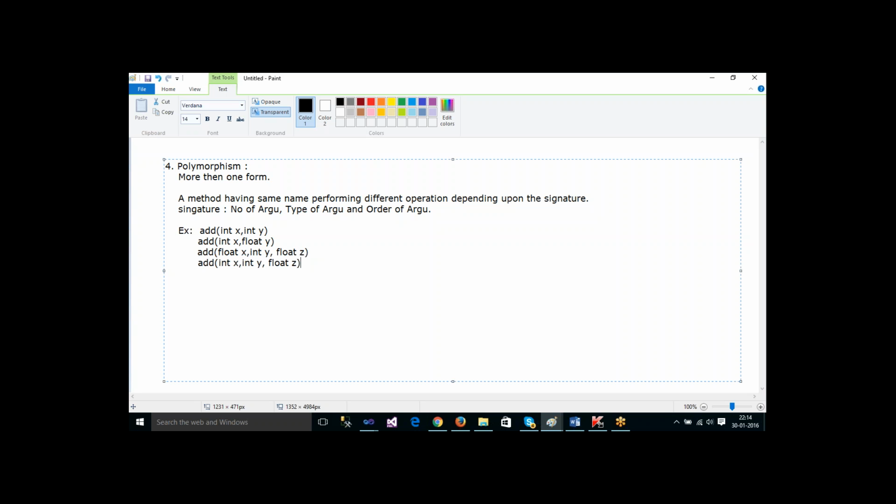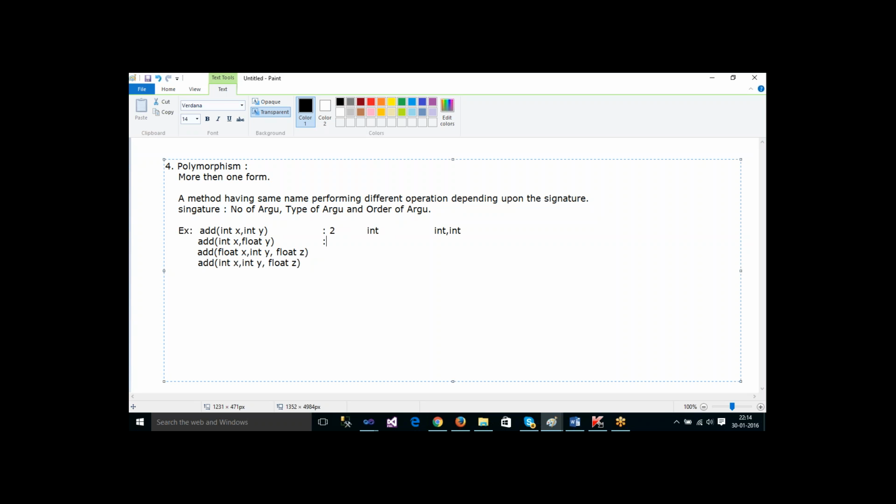Okay. Now, first, how many arguments are there in the first one? Number of arguments? Two, int x and int y. Type of arguments? Only integer, only one type is there. Order of arguments? Integer, integer. Okay.